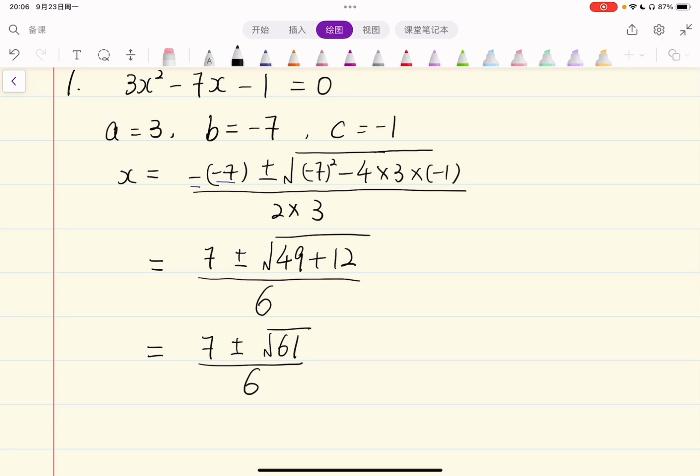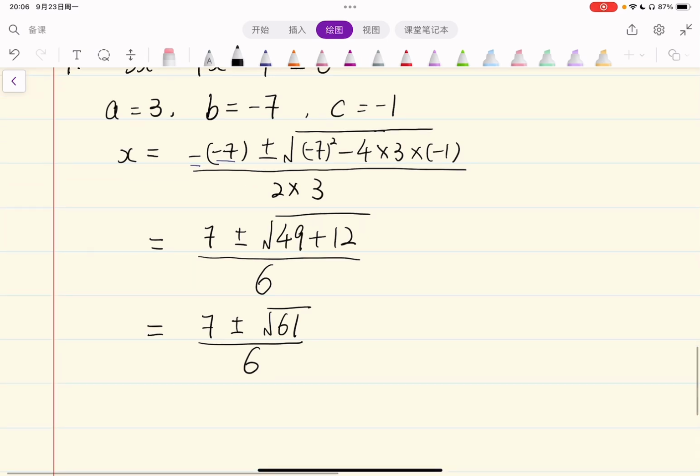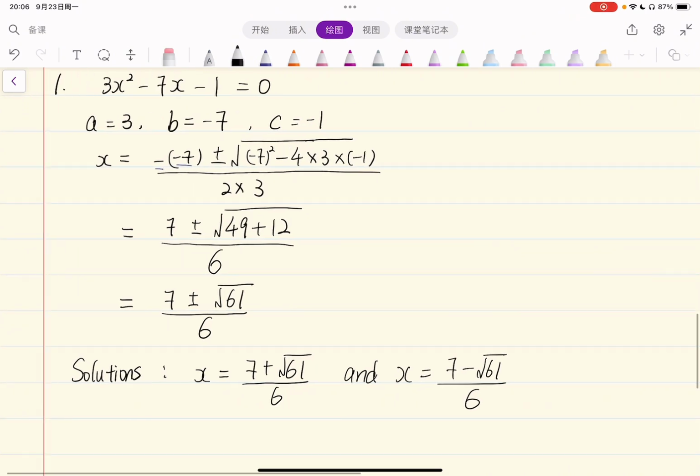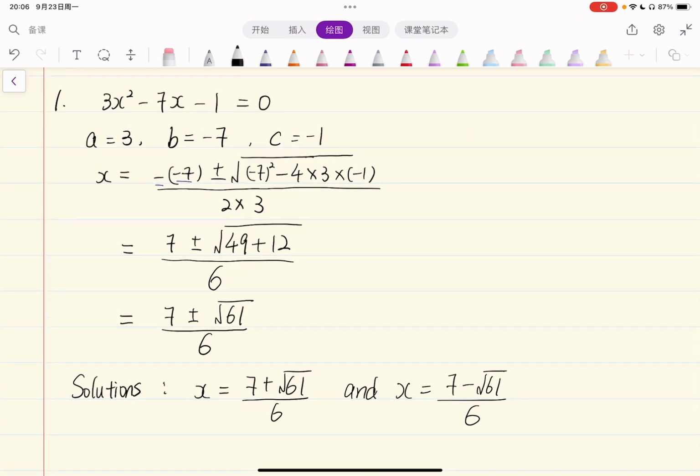So we have the solutions that are x equal to 7 plus square root of 61 over 6, and x equal to 7 minus square root of 61 over 6. Right?